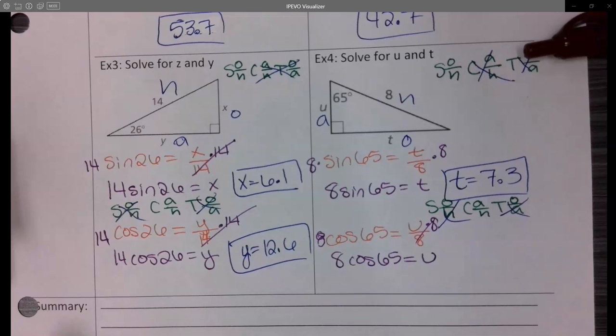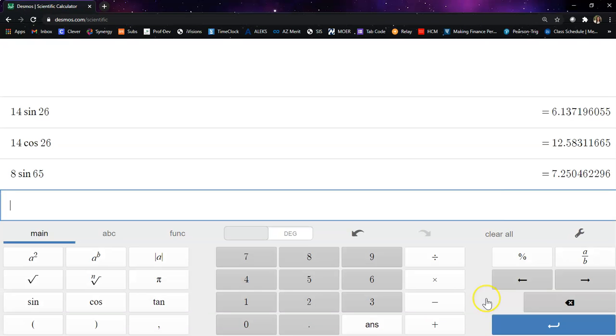Then I want to go ahead and go to Desmos and type this one in. Which gives me 3.4.